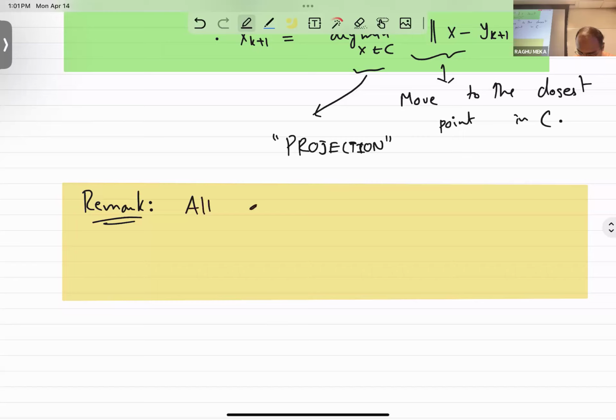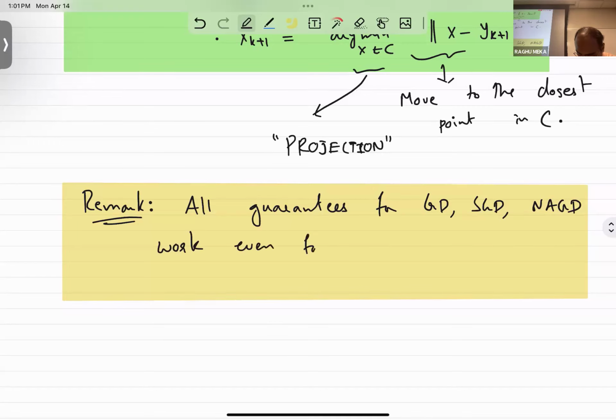So all guarantees for GD, SGD, NAGD work even for projected variants as long as C is convex.